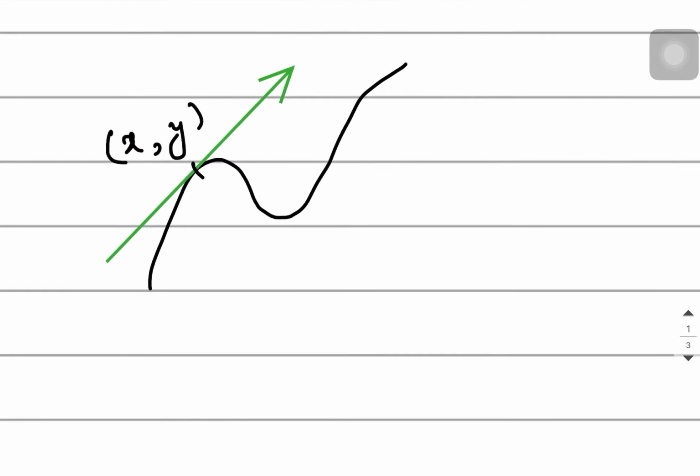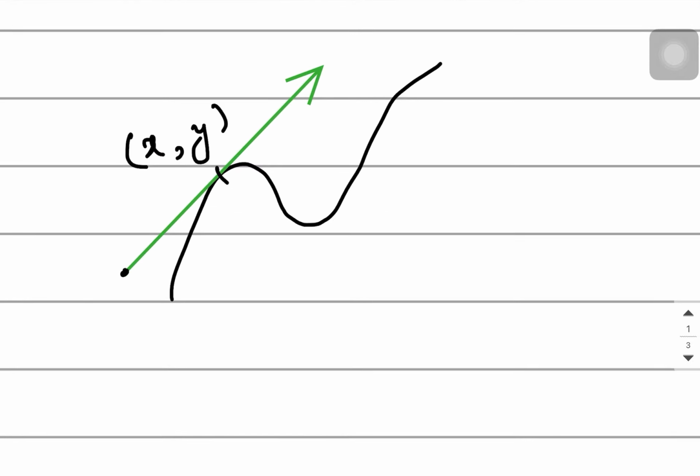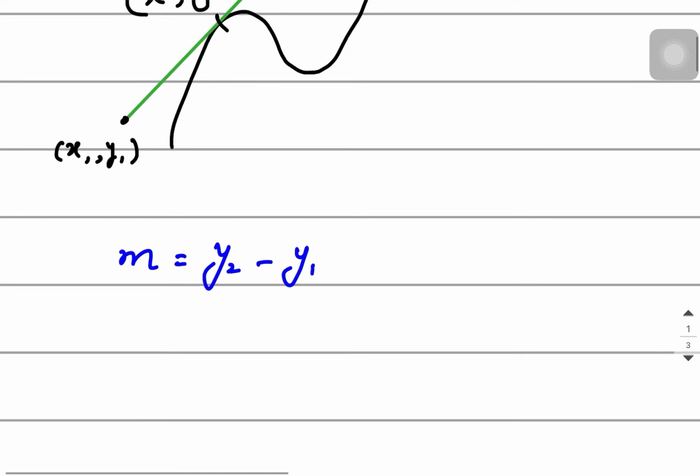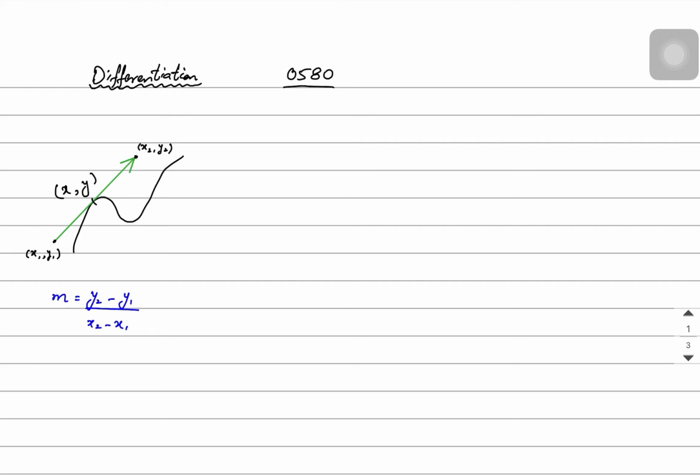So actually what we do, we take out any 2 points from that tangent which are actually not on the curve, let's say x1 y1 and x2 y2, and then I would take out the gradient by using y2 minus y1 over x2 minus x1. That's quite easy.